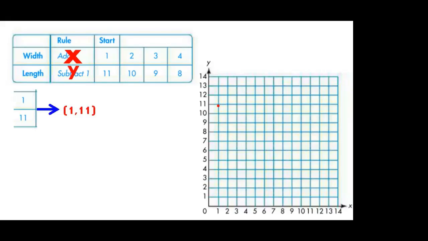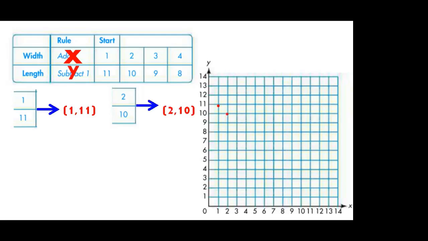The second column says that width equals 2 and length equals 10. Okay, will my ordered pair be 2 and 10 or 10 and 2? Sure, x first. Any ordered pair in the world will start with x. So my ordered pair will be 2 and 10.